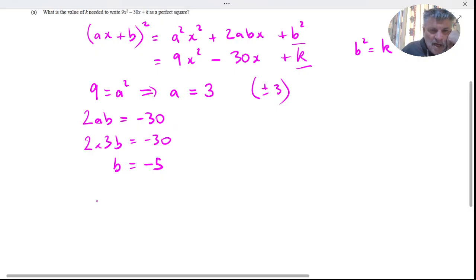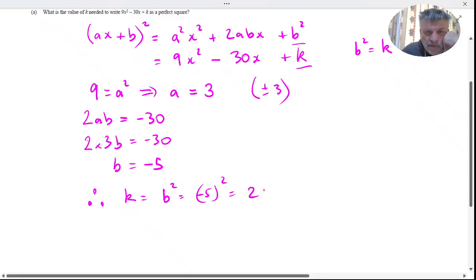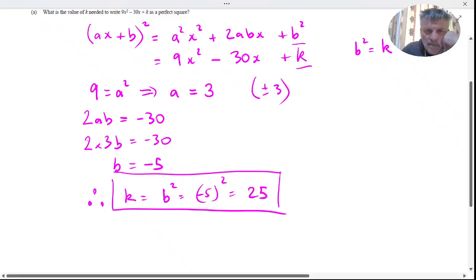And as we said, now we've found b, k is equal to b squared, which is negative 5 squared, which is 25. And that's our final answer.